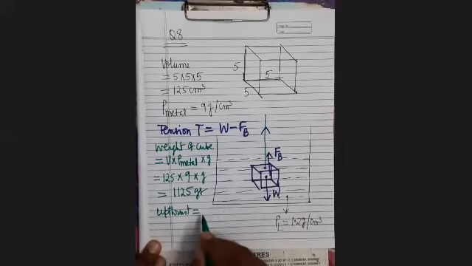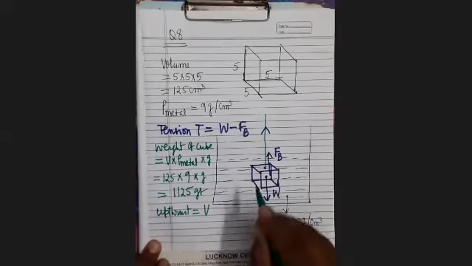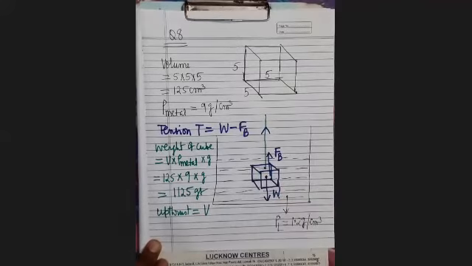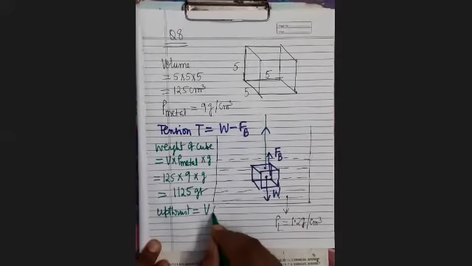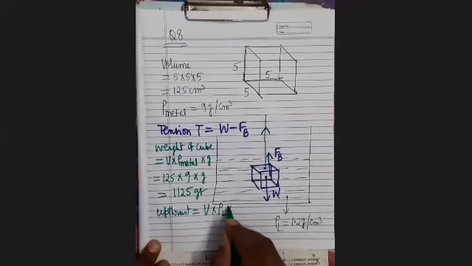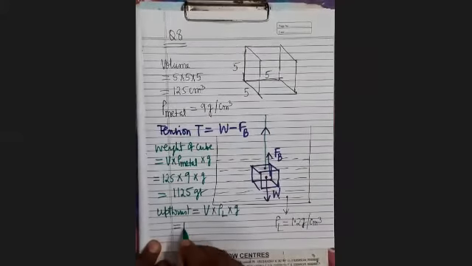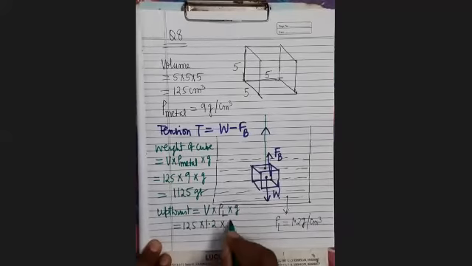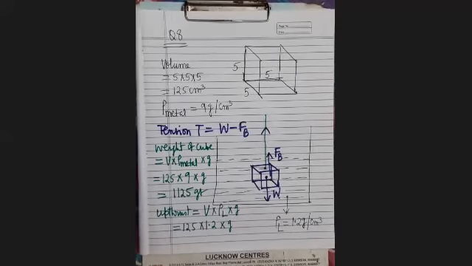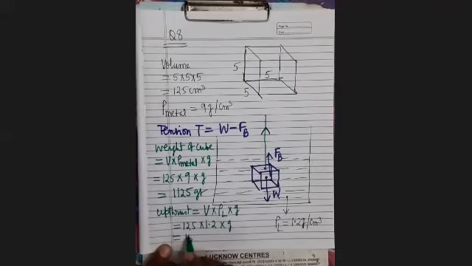Upthrust will be equal to volume, here it's volume because it is completely immersed, into density of liquid into G. Volume already you have found, 125 into 1.2 into G. When you calculate 125 into 1.2, it is 150. Remove the value of G, gram force.